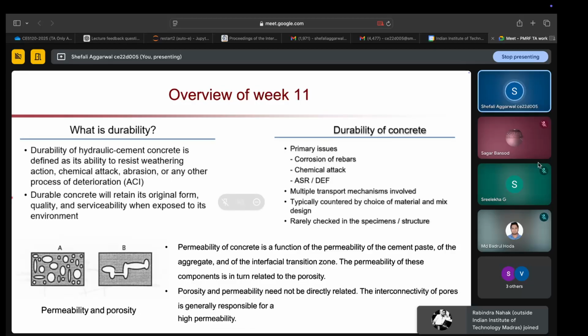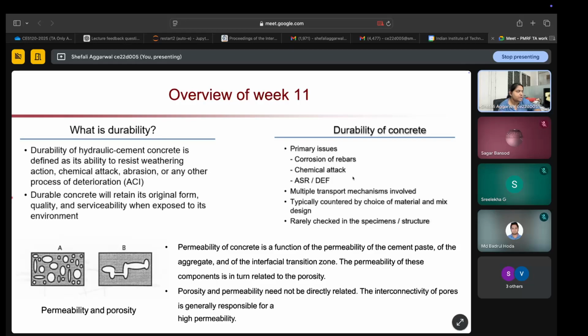These are chemical reactions happening inside the concrete due to the external environment. If external sulfates enter the concrete, the chemical reactions because of those sulfates will cause delayed ettringite formation and can cause further cracks and deterioration of your concrete.